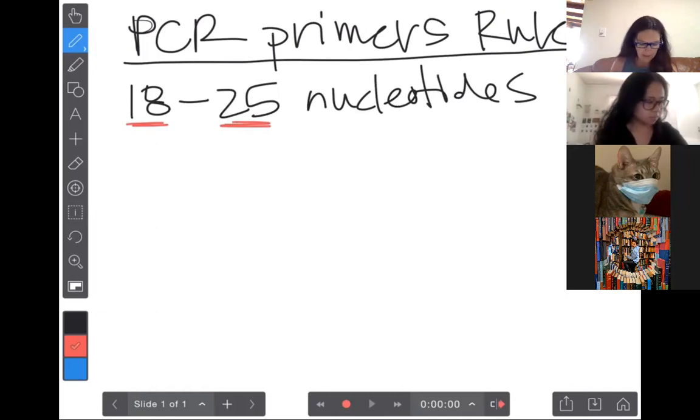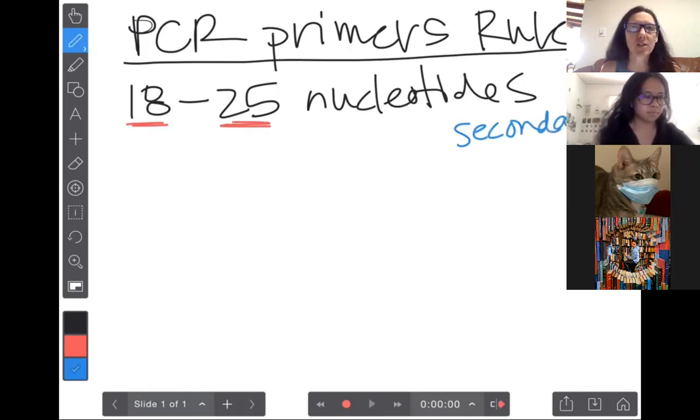So what do I mean by secondary structure? What's primary structure? That's just the sequence of nucleotides. Secondary structure would be any internal hydrogen bonding.